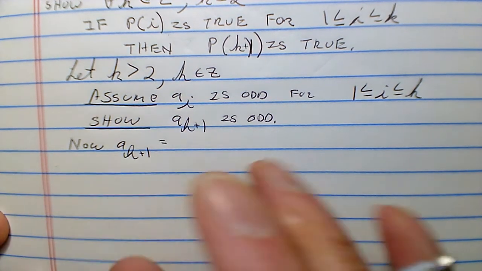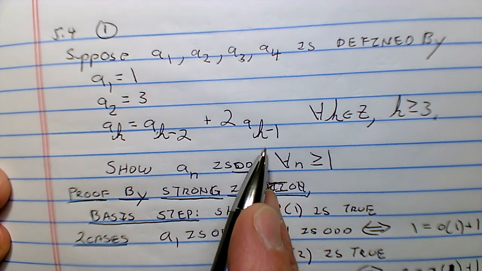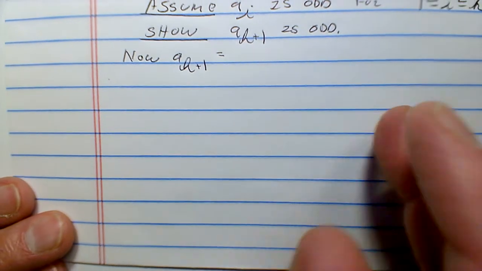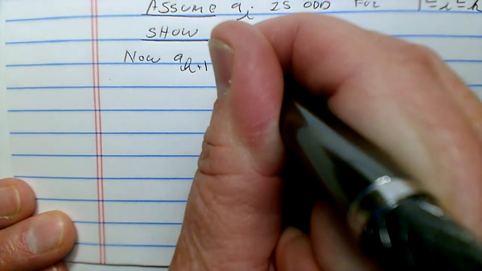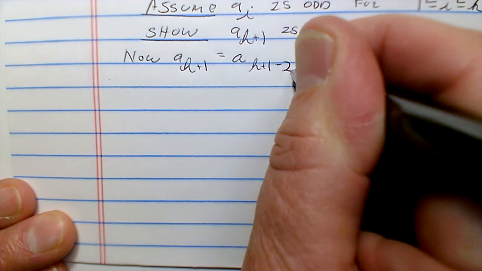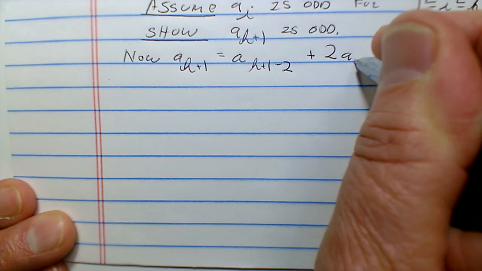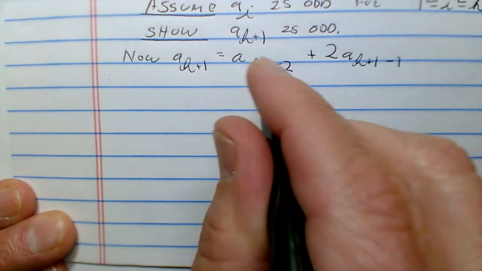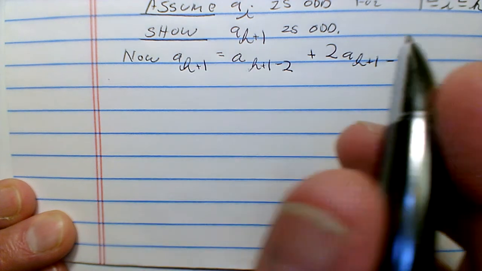Using the original formula that's up here, a sub k plus 1 is going to be, let me write it out the long way, a sub k plus 1 minus 2 plus 2 times a sub k plus 1 minus 1. I put the k plus 1 in wherever I saw the k in the original formula.